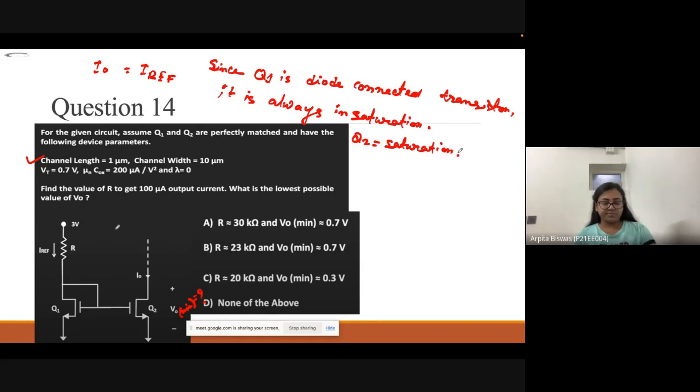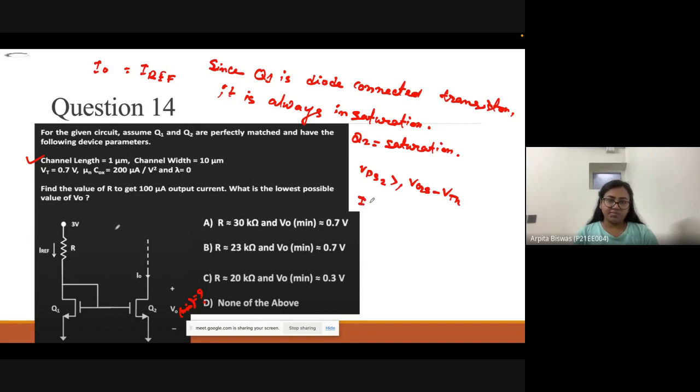Okay. So we can write down here VDS2 greater than or equal to VGS minus VTH.